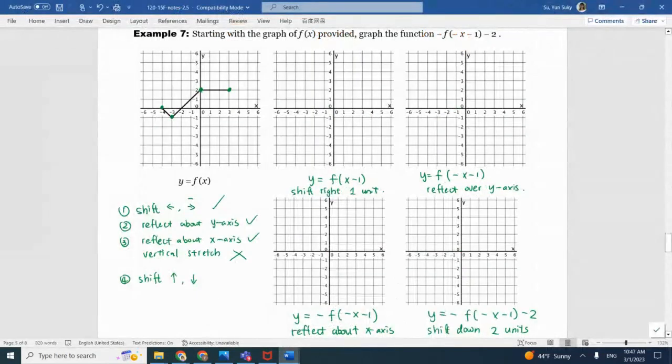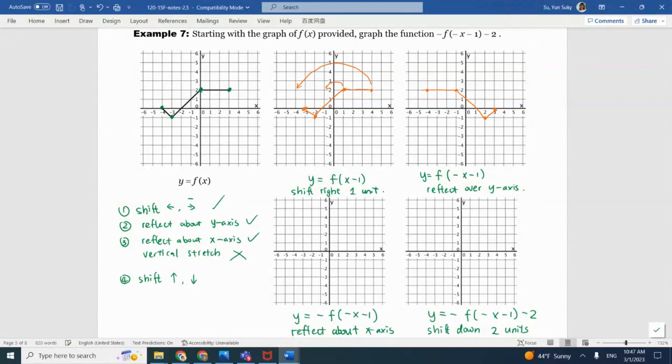Then we should do, okay, so we already have the shift right. Like this point is here, here, here, and here. Do you all get this, right? And then you flip it over. So this point here, and then here and here.